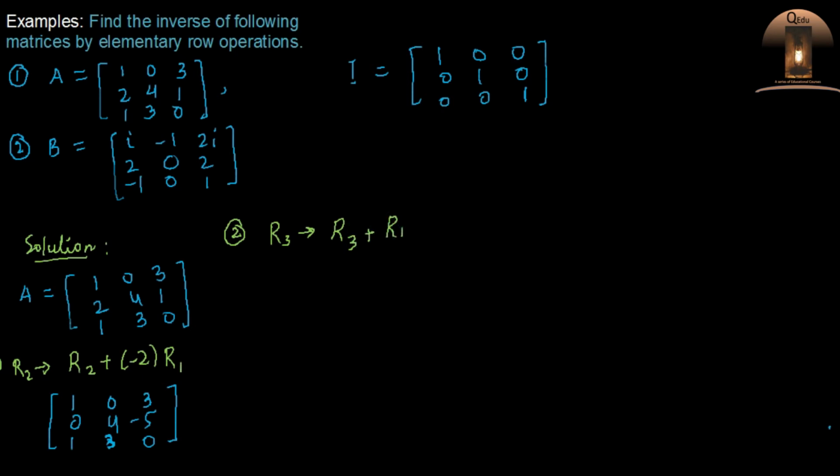The first row elements remain the same, 1, 0, 3, and the second row we have obtained from here, 0, 4, minus 5. Now after applying this elementary row operation to the third row, we get 1 minus 1, which equals 0, and then 3 minus 0 equals 3, and then 0 minus 3 equals minus 3. This is the second operation.